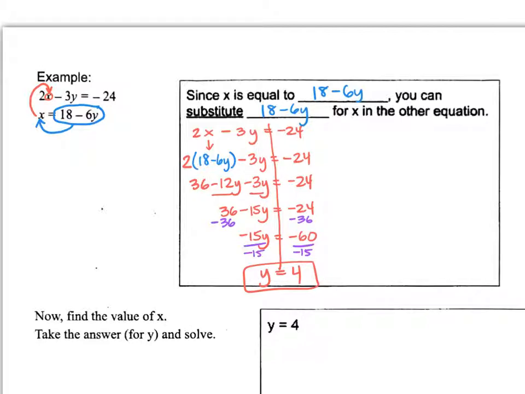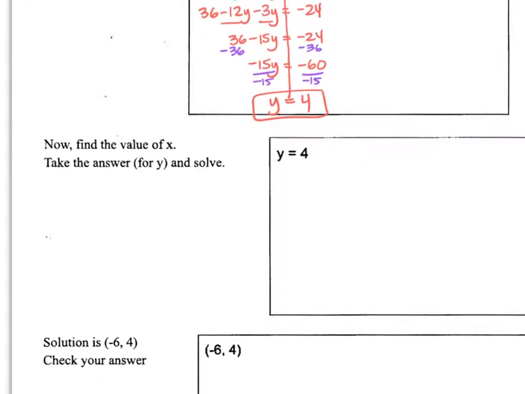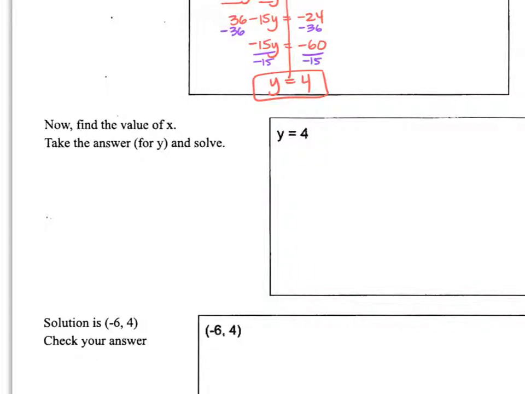Okay, since now we know what y is, we can figure out what x is. I'm going to use that first equation, which is x equals 18 minus 6y. And we know what y is. Like I said, we're going to change y to 4. So we have x equals 18 minus 6 times 4.